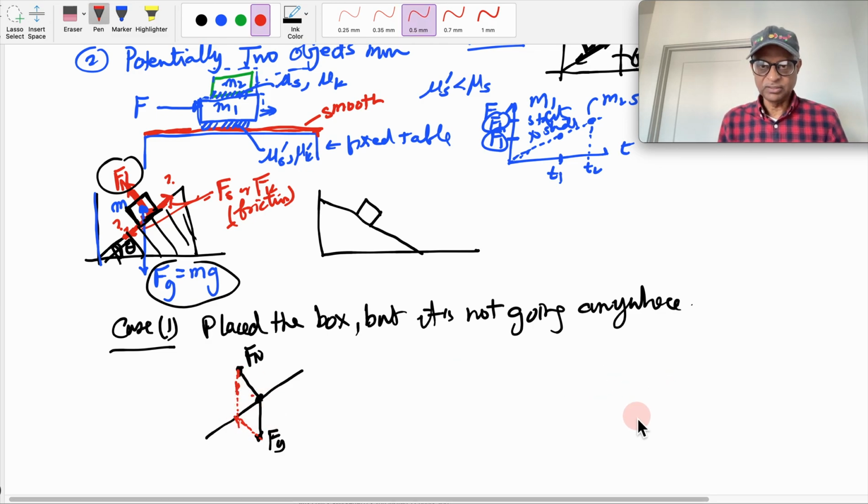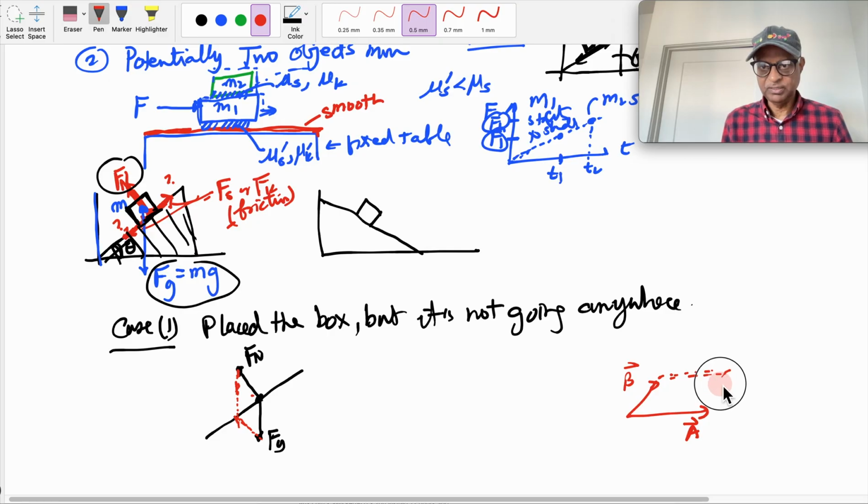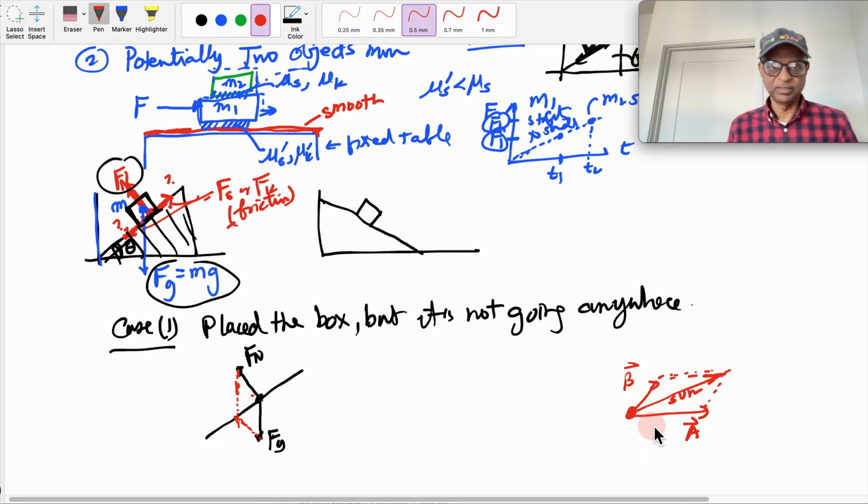The way you add vectors, if you have vector A and vector B, these are two vectors because they have a direction. One way to add them is just to complete this rectangle. So this will be their sum if you draw from the same point. That's how the free body diagram is done. Everything is drawn from the same point.